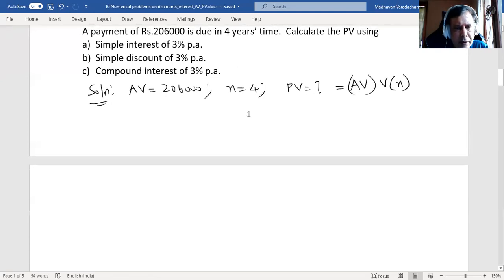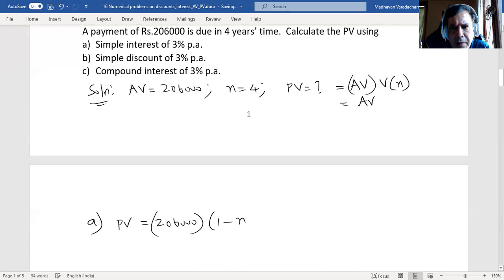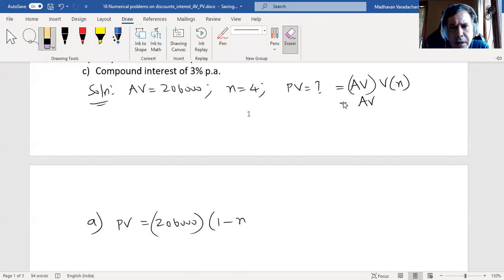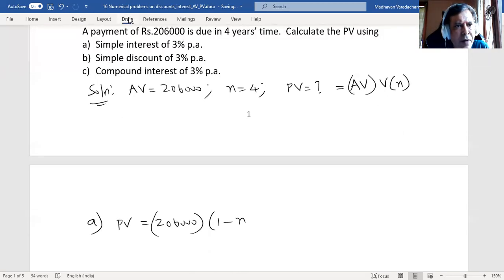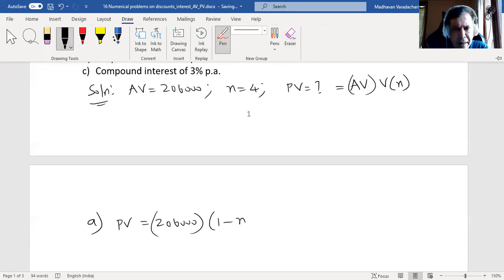So let's proceed with question A. Present value equals 206,000 times the discount factor. This is for simple. The discount factor will be 1 minus n times d; I will keep it as V of n only, and here only we will modify the formula.